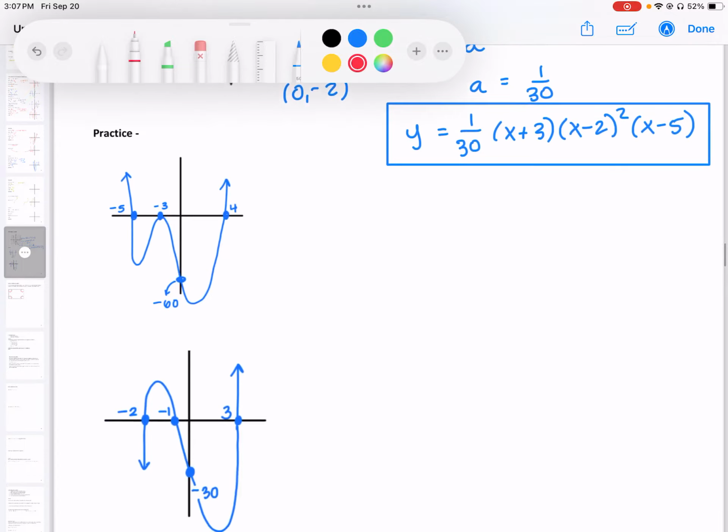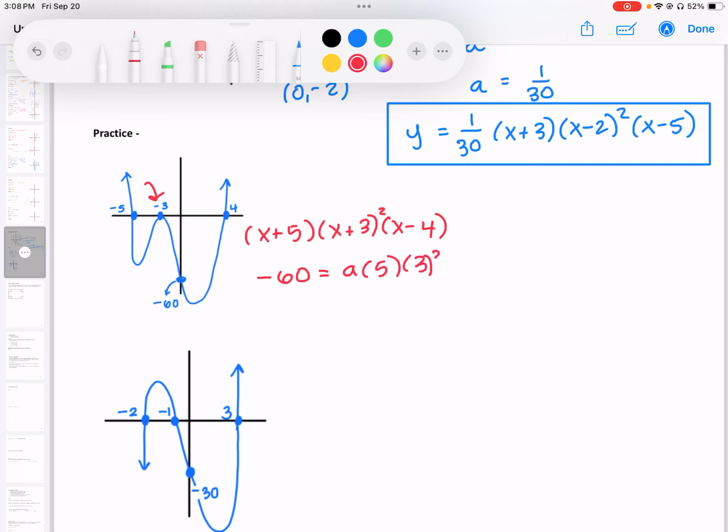Let's practice these last two questions here. Go ahead and start by writing out what you know, which is my x-intercepts. I'm bouncing here, so that's squared. Let me plug in my y-intercept and solve and see if that gets me the function I already wrote. So negative 60 equals a times negative 20 times 9.